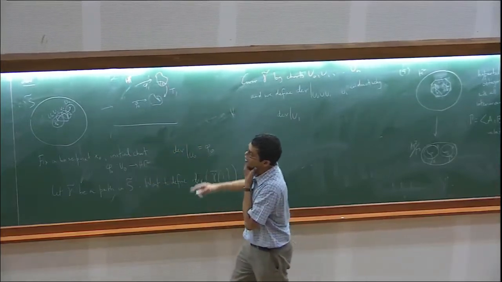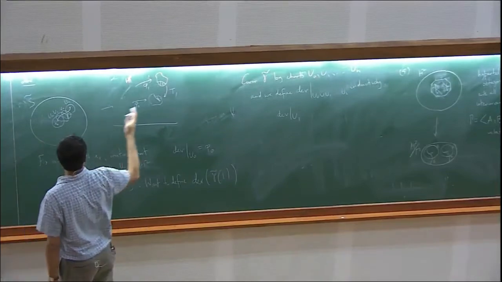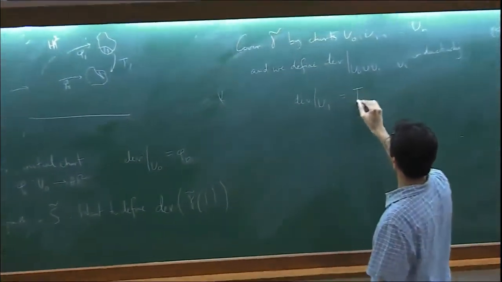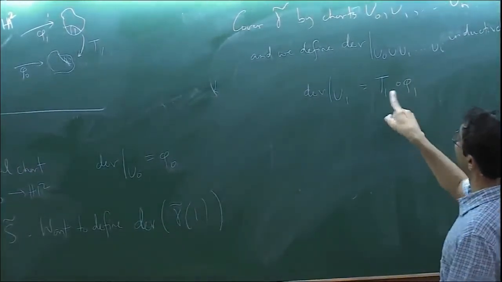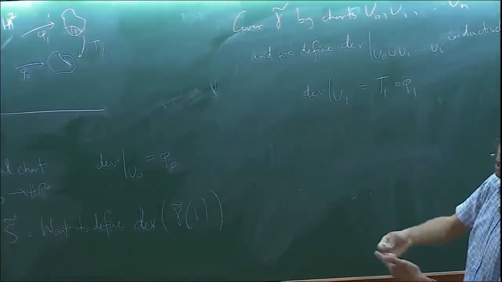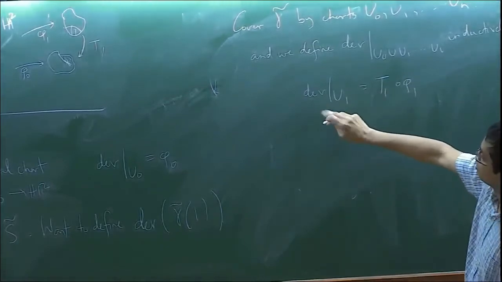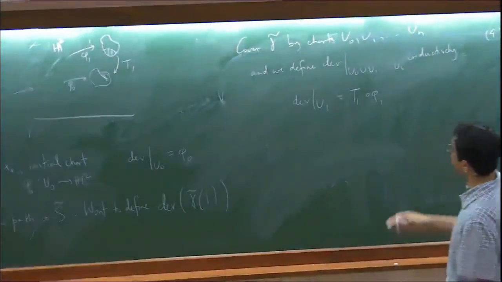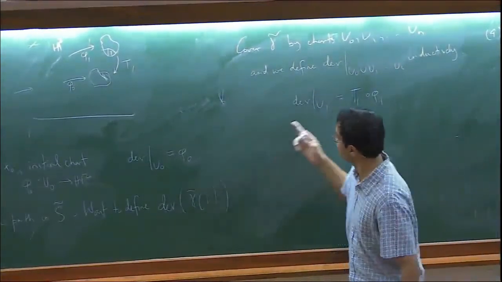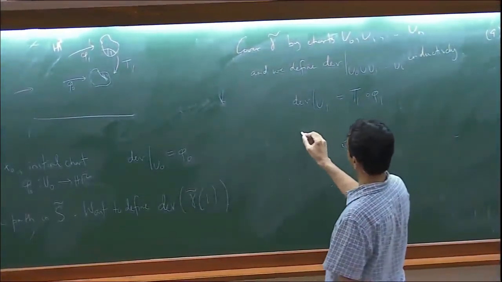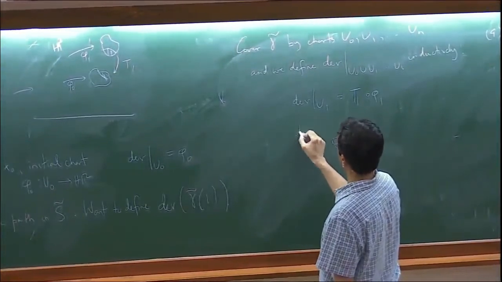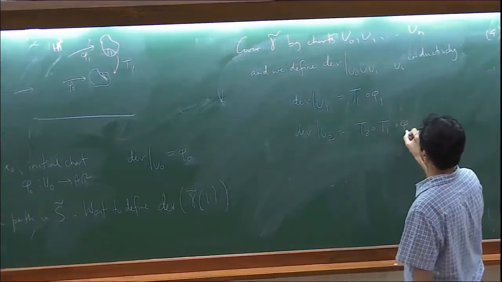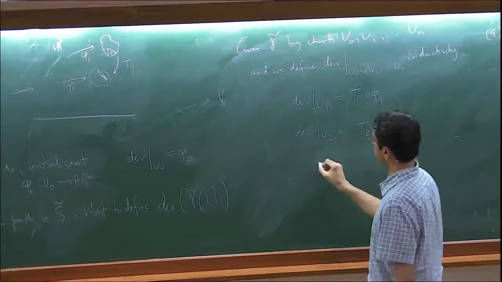Let's call it T1. So the developing map on U1 can be defined to be this chart phi1 followed by T1, so that this together with our map already defined, they match. Okay, so now you have something defined on U0 union U1, and you continue. So for the developing map on U2 there's another chart that brings it back like this, and so on.